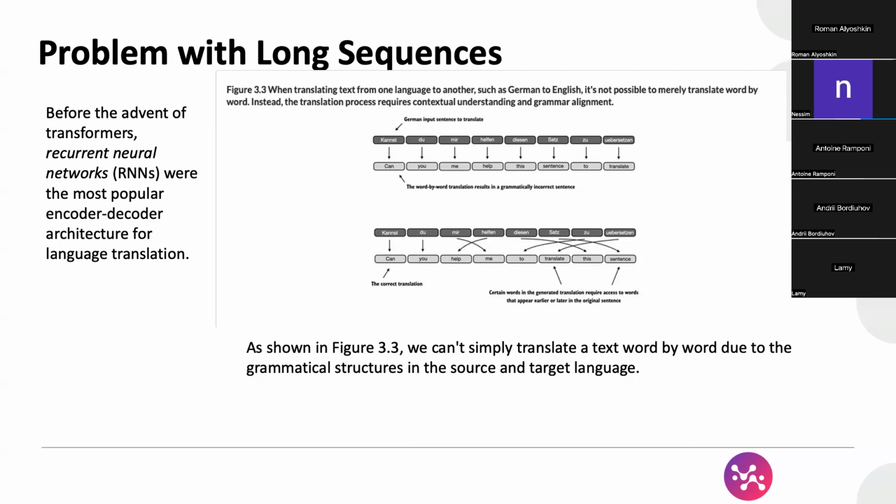And the RNN were already capable of doing translation or text generation. But the problem with RNN is that you were losing the context over long sequences. Right? They were okay, but they had trouble with long text, for example.